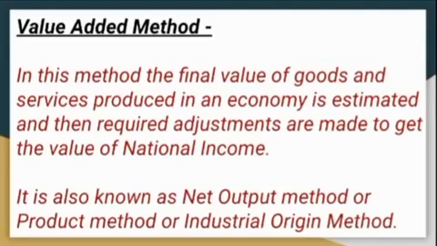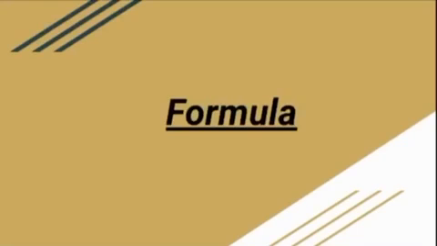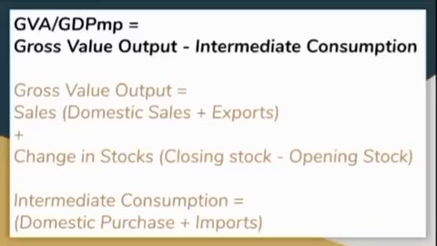This method is also known as net output method or product method or industrial origin method. Now let us have a look at its formula. So the formula for gross value added method is GVA slash GDP-MP. It means that gross value added, or we can say GDP-MP.